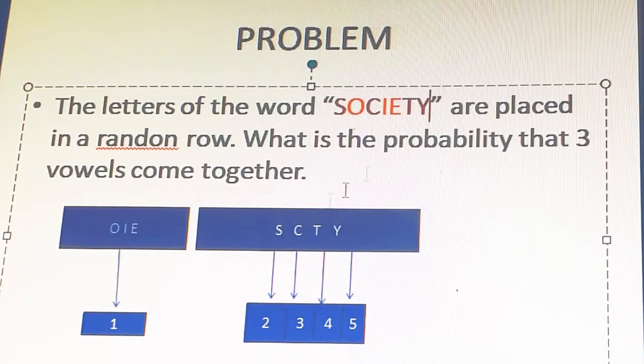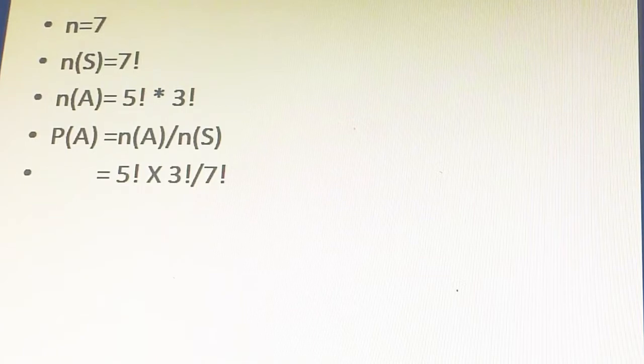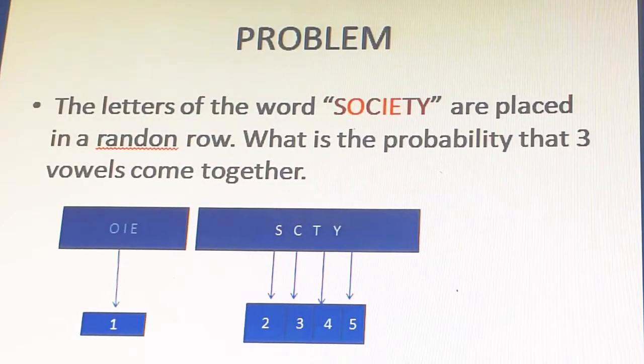So here you have three vowels, O, I and E. And then the rest of the letters, you have S, C, T and Y. So O-I-E you have taken as one, then S is the second letter, then the third, fourth and fifth letters. How we are going to solve, we'll see.